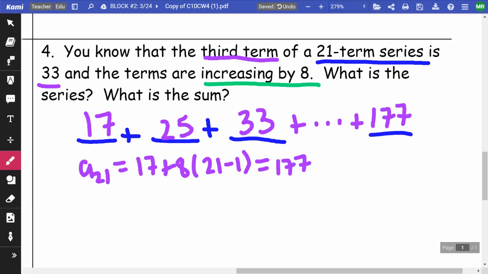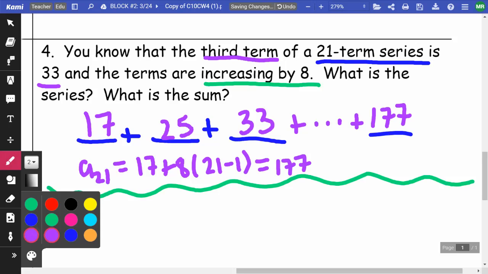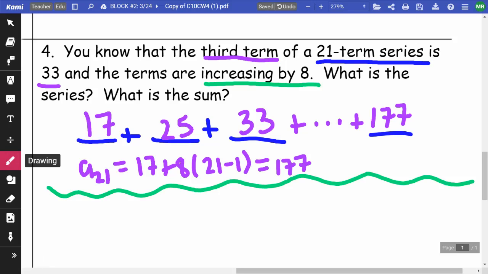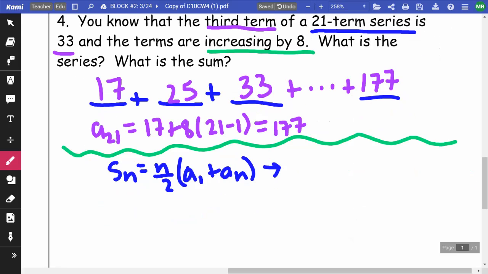Okay, now the next thing I need is my sum. So I am going to figure out that S sub n is equal to n over 2 times a1 plus an. That's the formula I'm going to use. Now I think I know every bit of information I need.